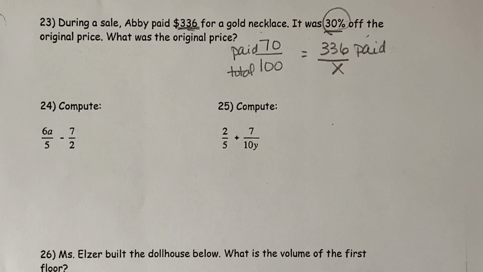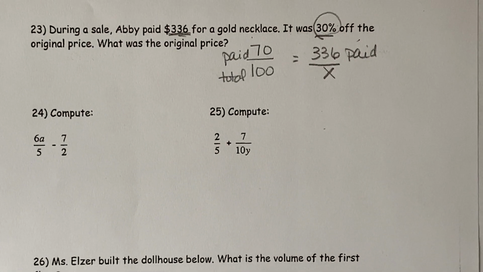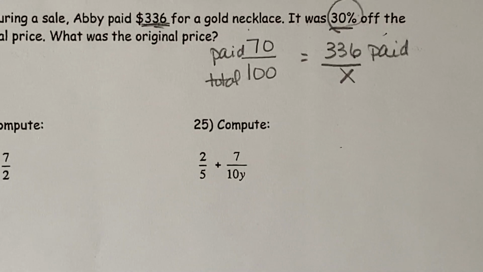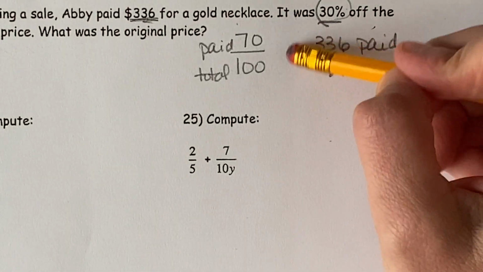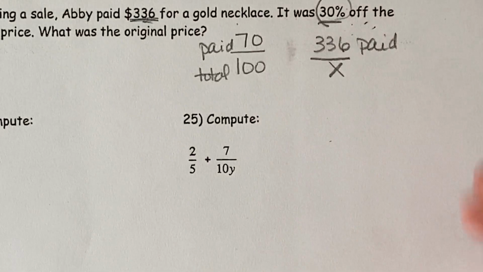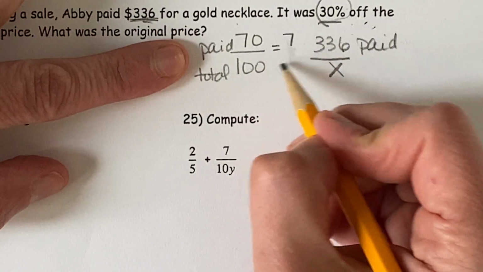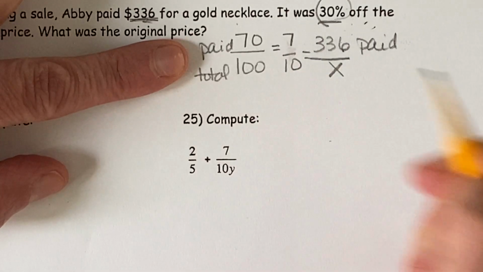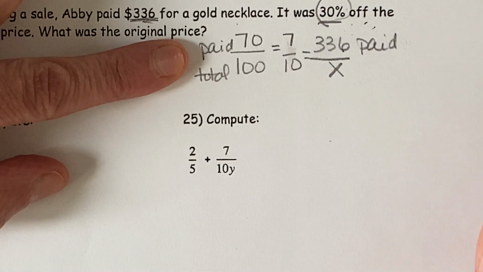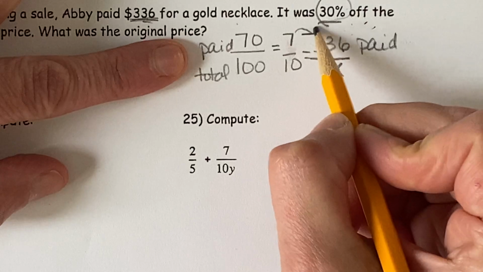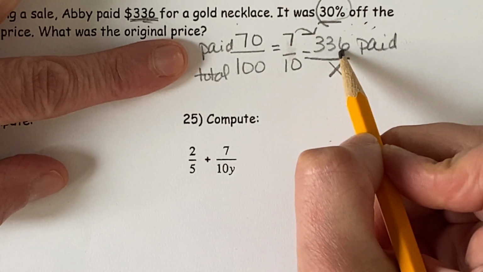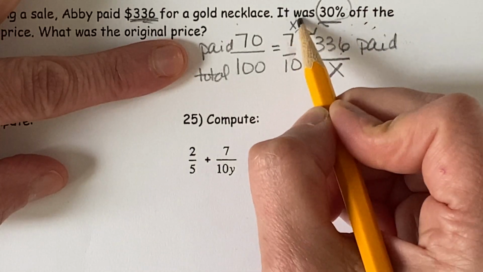So now a strategy that I did earlier in this packet and that we did earlier in the year in the ebook was I could simplify 70 over 100 to 7 over 10, right? And then I can say, how many times does 7 go into 336? And it's 48.